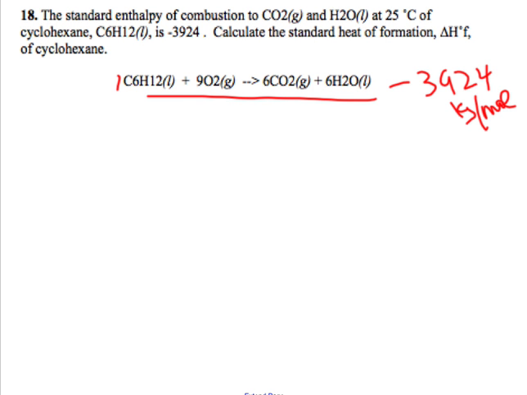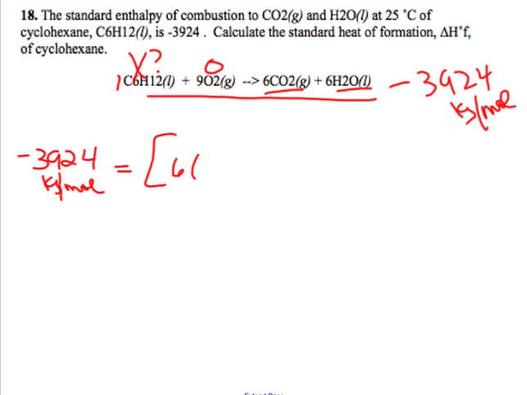All right, so now we're going to use Big Mama, but this is going to be a variable. This is 0. These we have on the table. So we can solve for the x. All right, so negative 3,924 kilojoules per mole is equal to products: 6 times, what was CO2 gas? Negative or positive? Okay, you guys are bad about that. You have to view that negative just as importantly as the actual number itself.